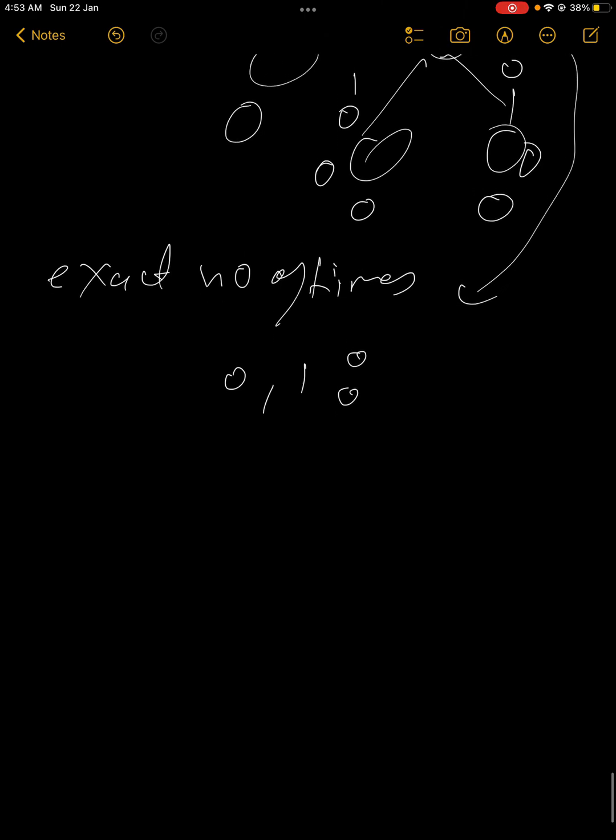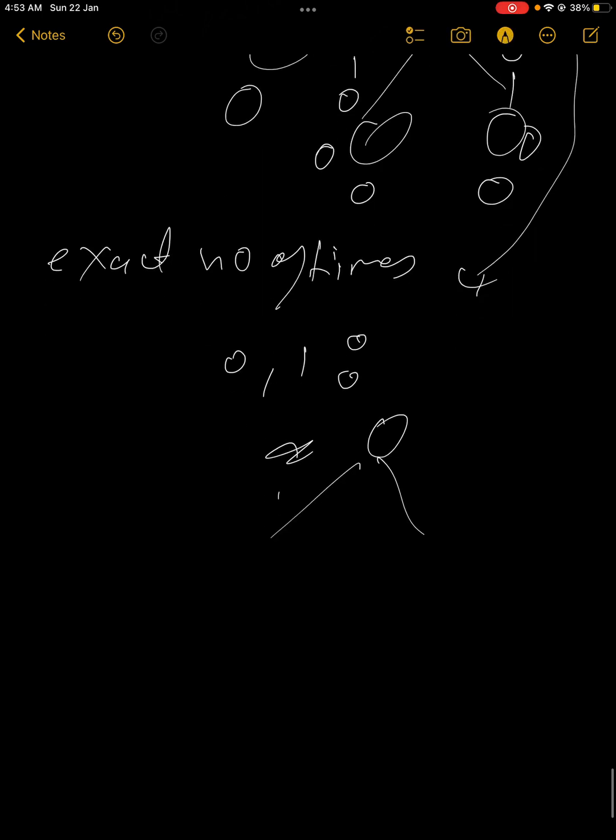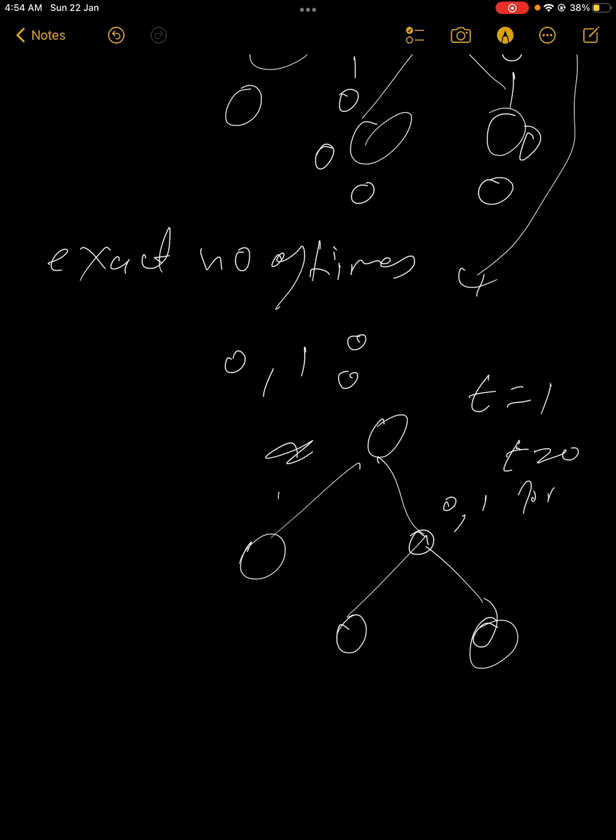So basically, for some number of times this node will be 0, and for some number of times it will be 1, but if you calculate how many times, then you will eventually get the answer. This is because now we are calculating for t equal to 1, and t equal to 1 is totally dependent on t equal to 0 for the child nodes.